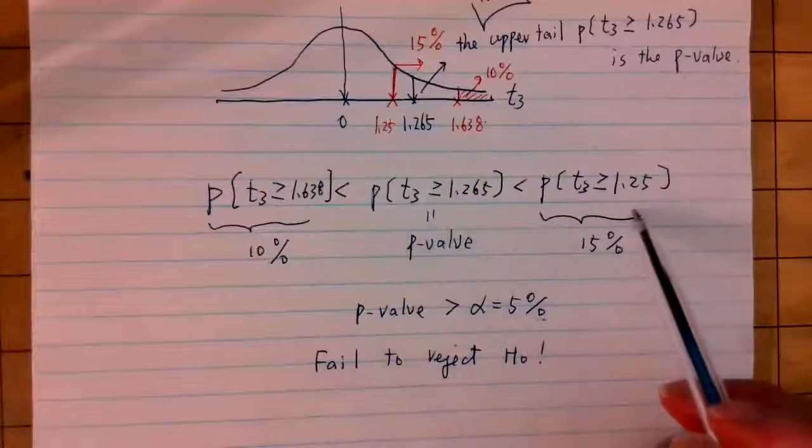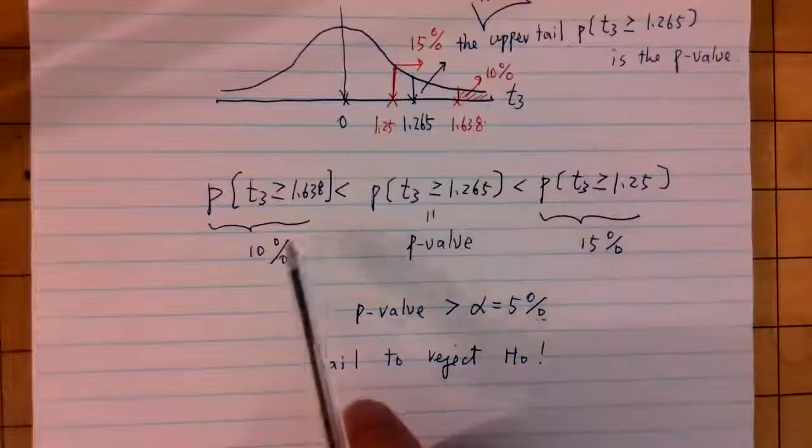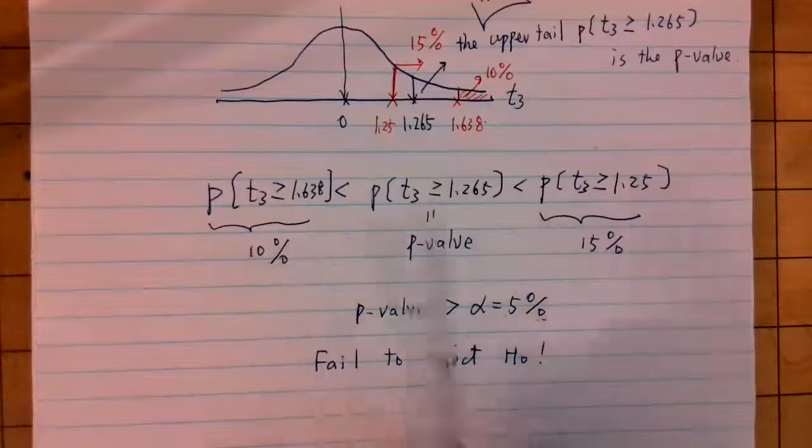Look at this question here. The p-value is smaller than 15%, but bigger than 10%.